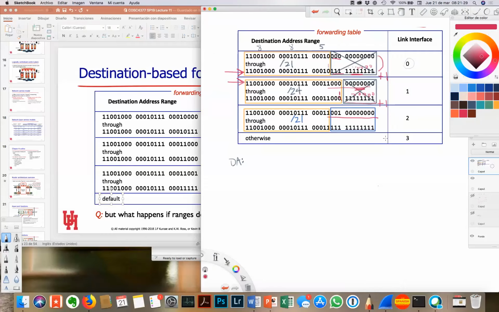So I can do sort of a no matter what's left over, regardless of how unlikely, must be the answer, kind of a Sherlock Holmes sort of rule. I can first try to match this one, and if my destination address in my packet matches these first 24 bits, then I will send it out link interface 1.